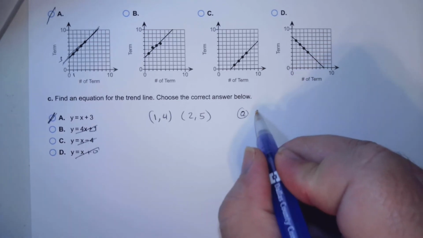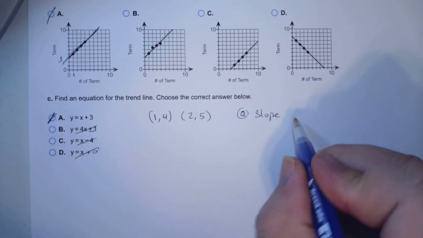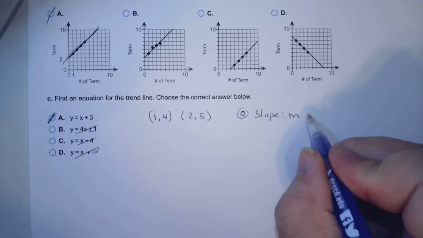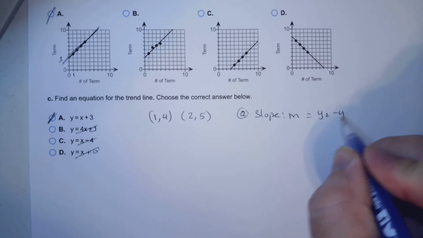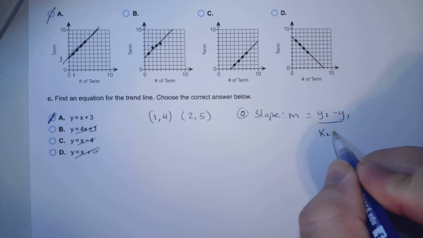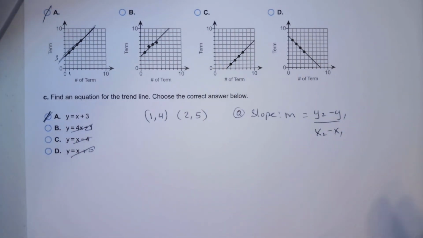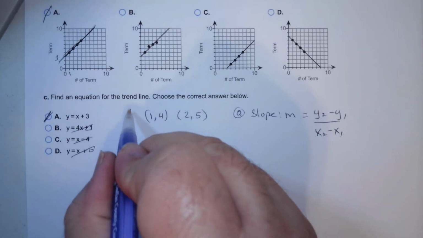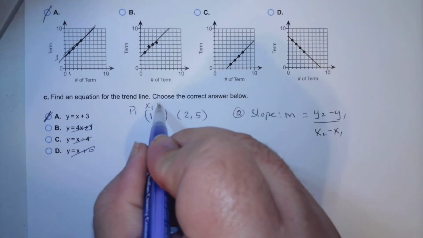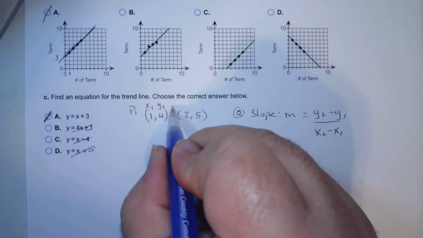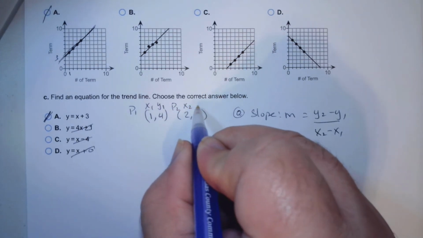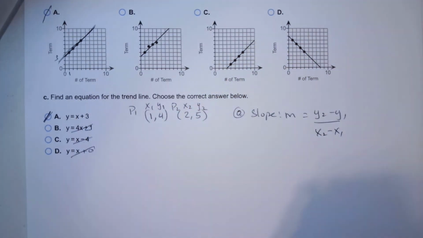First step, find the slope: y2 minus y1 over x2 minus x1. Right, since this is point 1, this is x1, that's y1. This is our second point, so that's x2, y2.